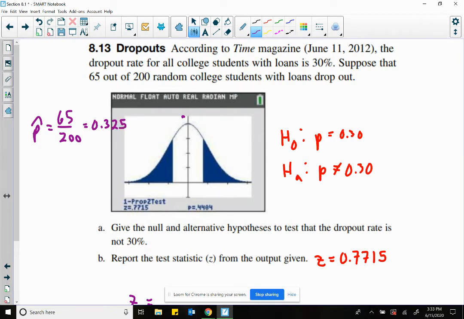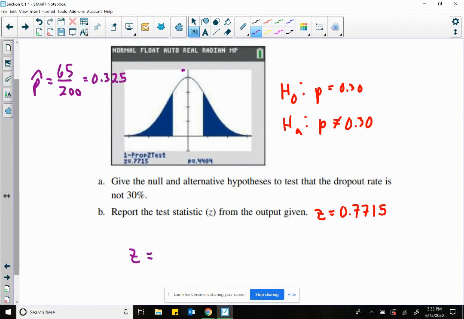So 65 divided by 200 is 0.325. And that makes sense that the z-score is positive and that we said it's above because this percentage is above that percentage. So if we want the z-score, we're going to take 0.325 minus 0.30, because that's p naught.